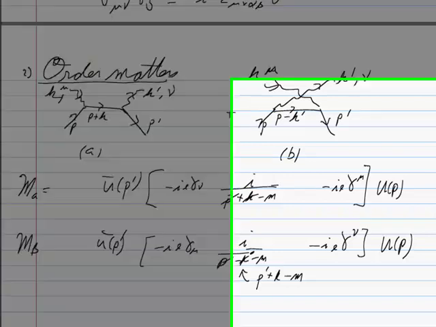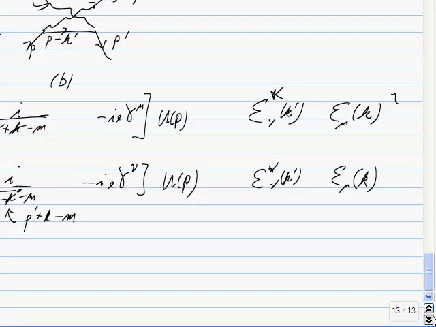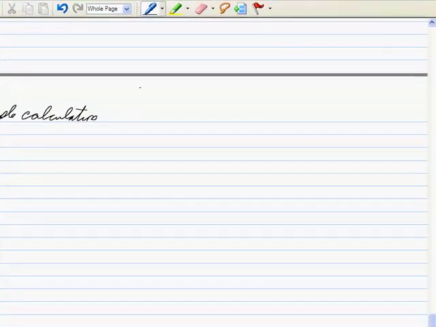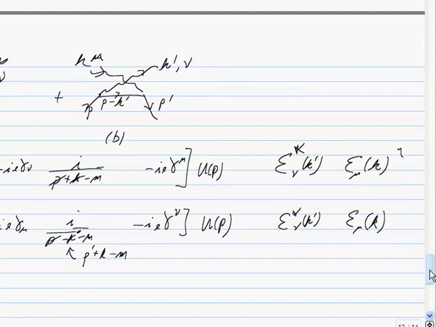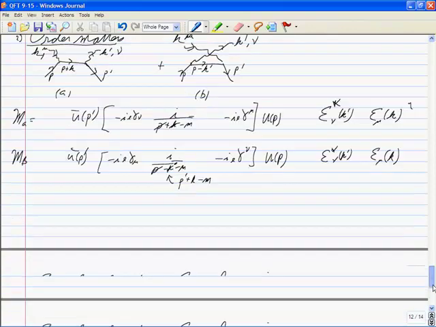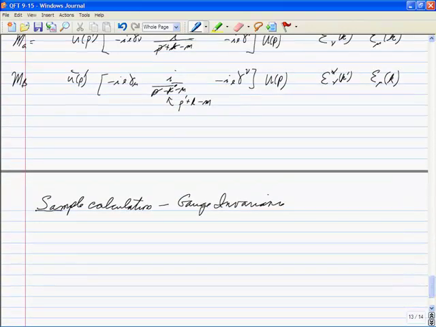All right. Let me just take this and do one sample calculation since I have it here. I'll do gauge invariance. And doing gauge invariance is often a good check to make sure that you have the matrix element written in the right order, because otherwise it's not going to work out.